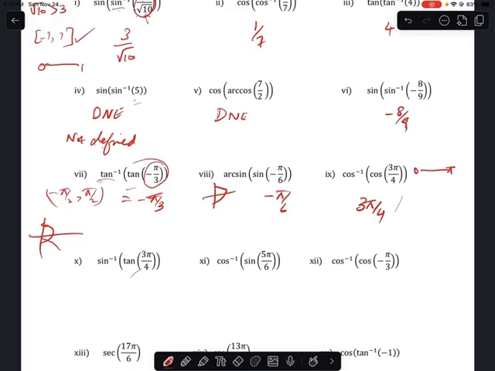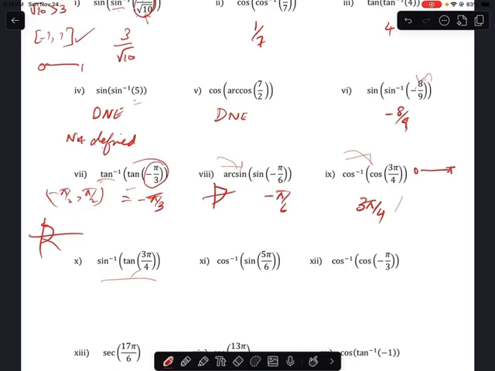Again, it's easier to look at it this way because negative pi over 3 lives here. So we get back our negative pi over 3. Now if you forgot the domain of the tangent, you can also do it in another way. I'll show you after I finish this.